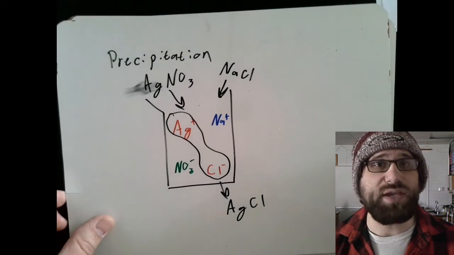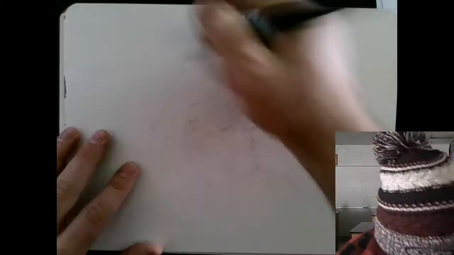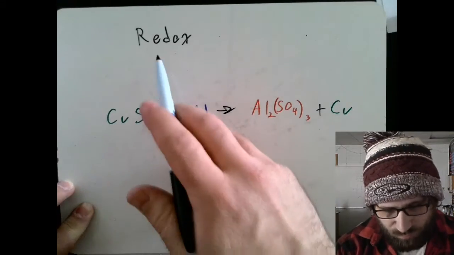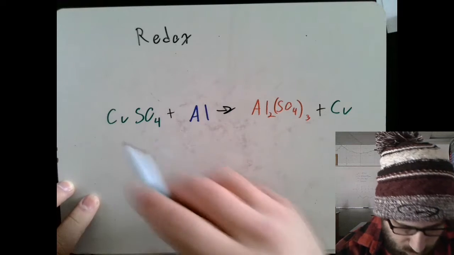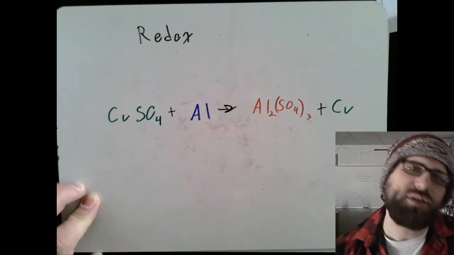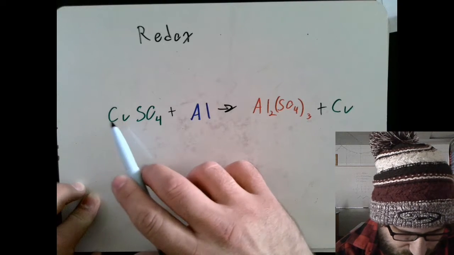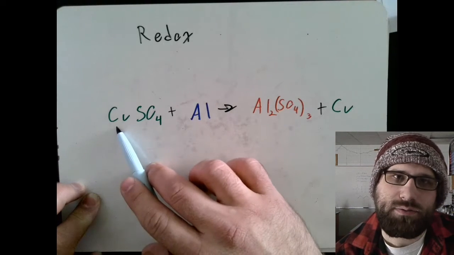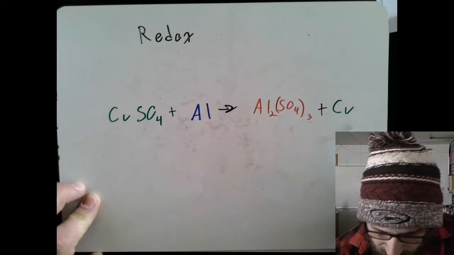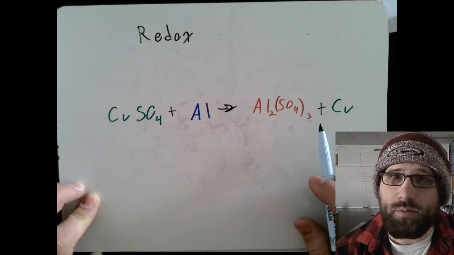The other type was a redox reaction. When we were looking at redox reactions, we were looking at the oxidation states, and we were really trying to figure out when these two interact, who owns which electrons? When they break up, where do those electrons go?